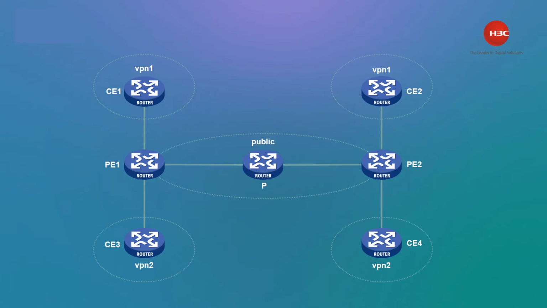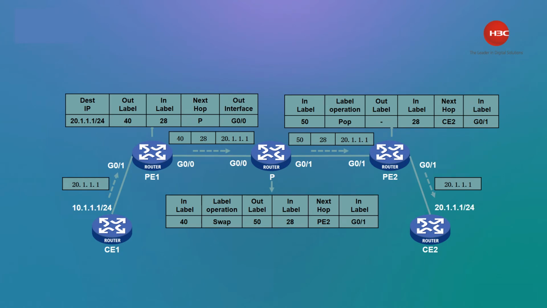Okay, now let's take an example of CE1 and CE2 in the same VPN instance to see the process of message forwarding. As shown in the figure, CE1 needs to access CE2. After the private network routes on both sides are exchanged according to MP-BGP, CE1 sends out an IP message, and PE1 receives the message from the corresponding VPN interface.